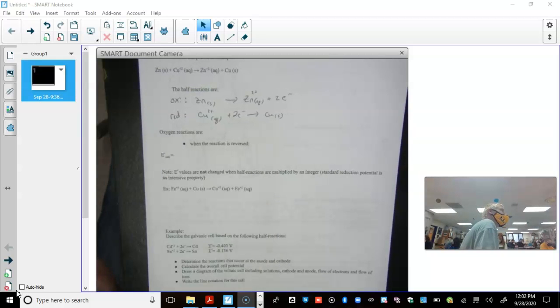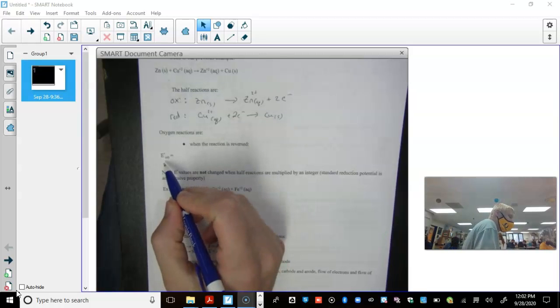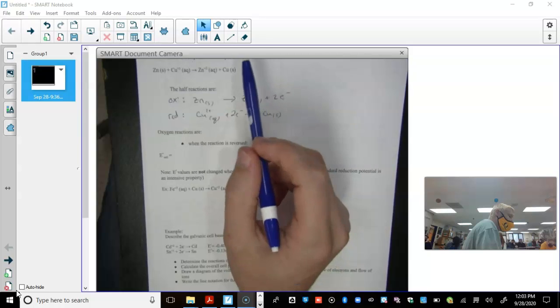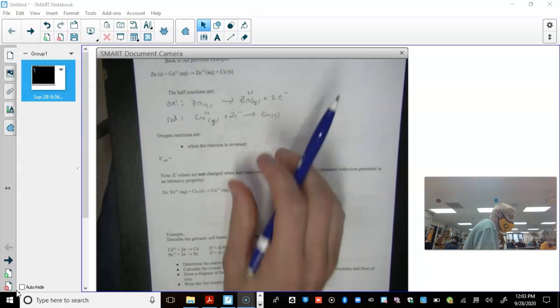So we've got the electrode potential difference. We have to do reduction, cathode, plus oxidation.